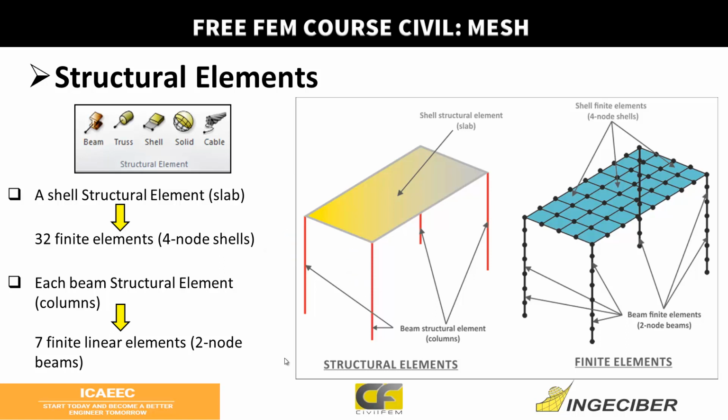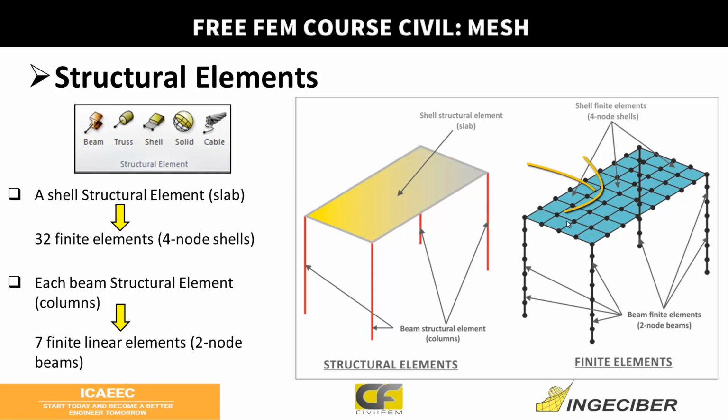One is the shell structural element, which is the slab, and the other 4 are the beam structural elements, which are the columns. Each structural element will be meshed, and we will obtain finite elements. For the case of the slab, once we mesh, we obtain our finite element model of elements and nodes.